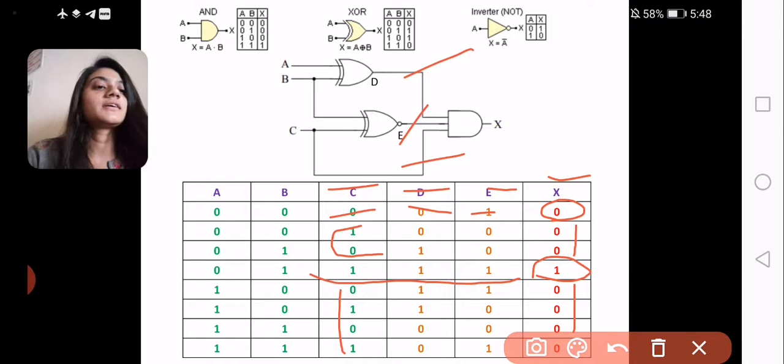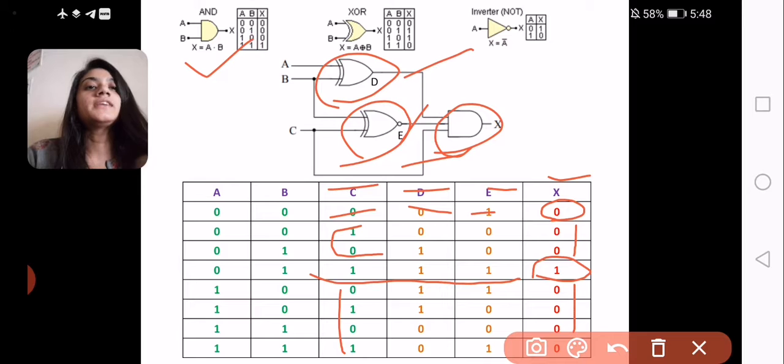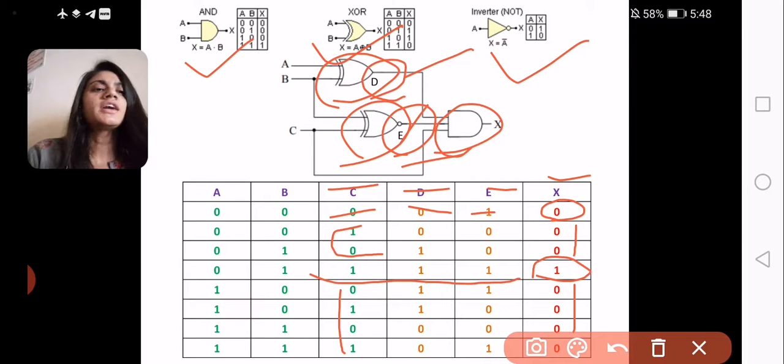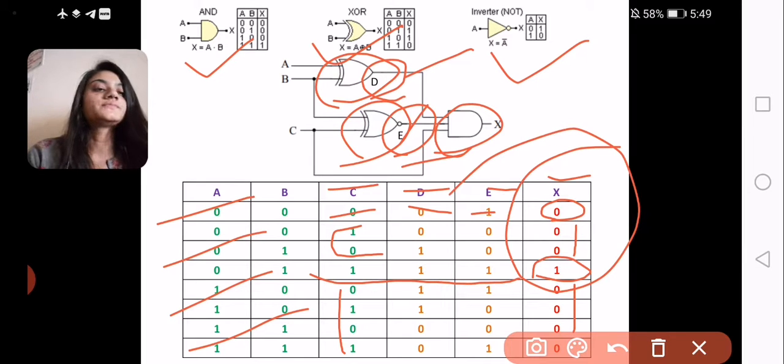In this manner we can easily find the truth table of any circuit. Just remember that the first step is to identify the gates, then remember their truth tables, then put values at particular points D, E and whatever is required, and find out from the truth table for each combination its output and hence the final output. Okay. So it is very easy to solve a logic circuit's truth table.